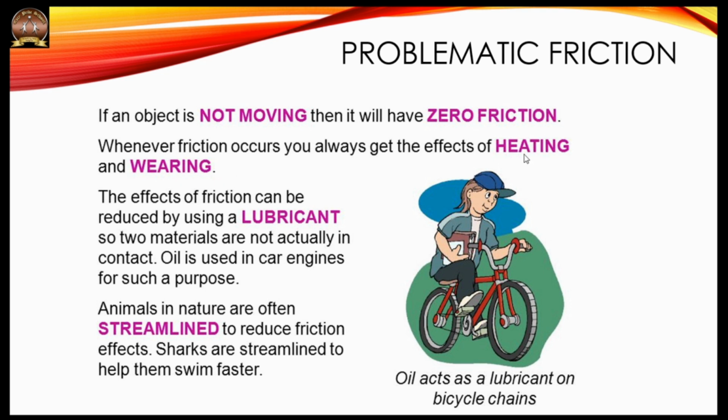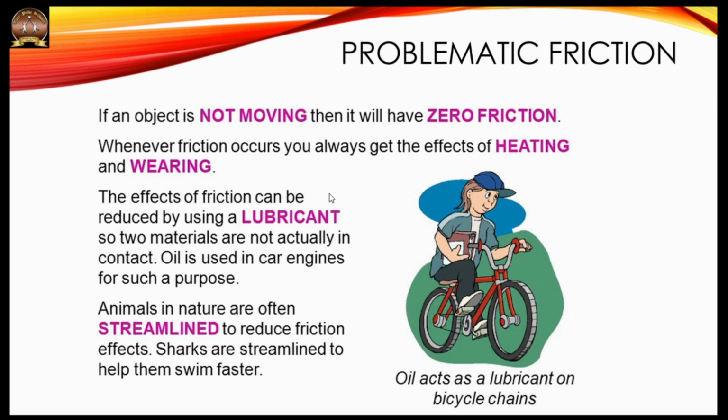This is why your palms get heated up when you rub them against each other, and this is why machinery gets heated up when you run them. Have you noticed how the tires of your cars or bikes become smooth after a long period of use? This is because the friction wears the rubber because of continuous use and smoothens it out.